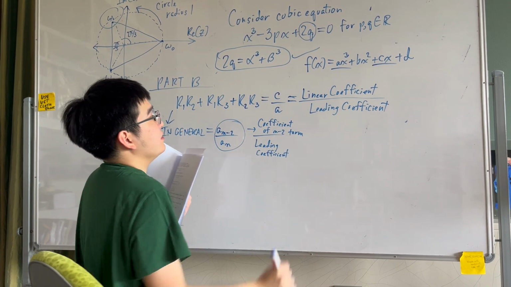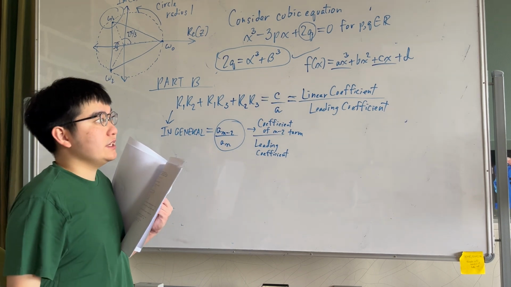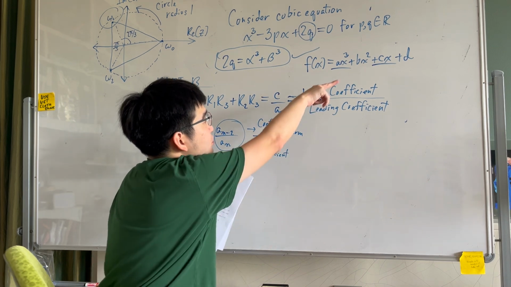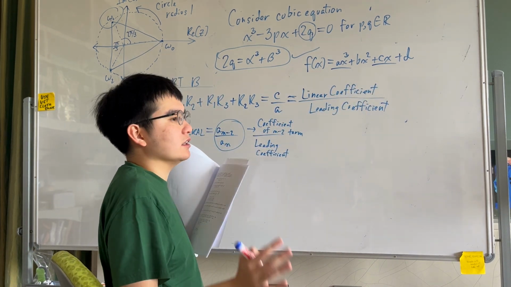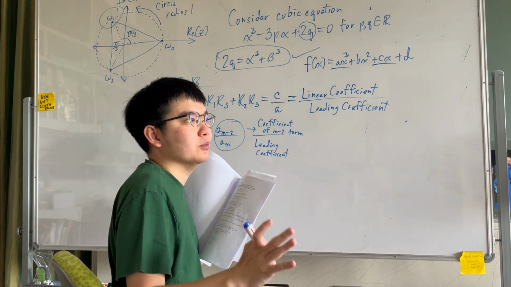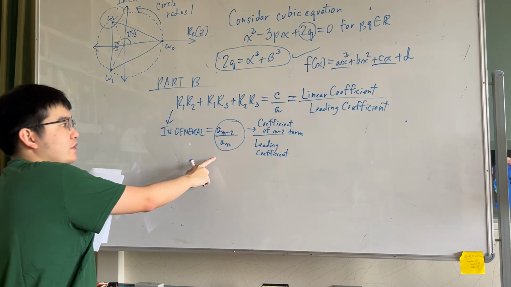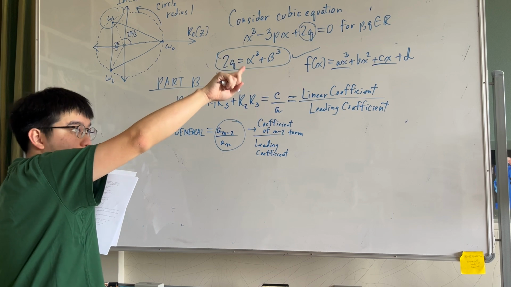So you look at the leading term of the polynomial you have, and then you move 2 places to the right, and then pick that term, whatever it is. So if you have a quintic, which is a degree 5 polynomial, you get the degree 5 coefficient, put it at the bottom, move to the right, that's 5 minus 2, you get 3.